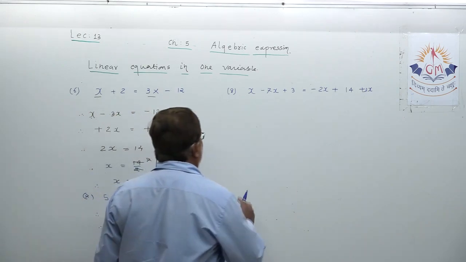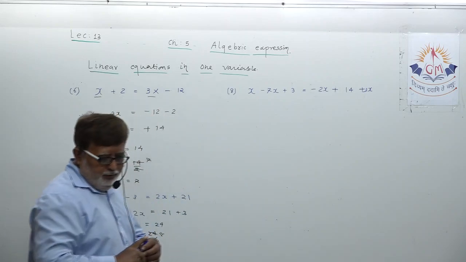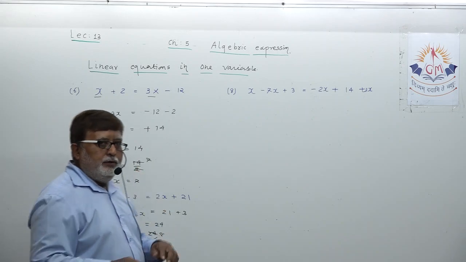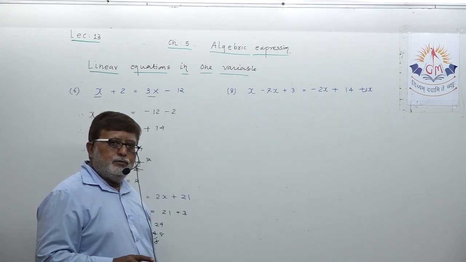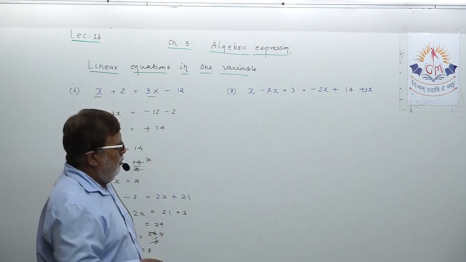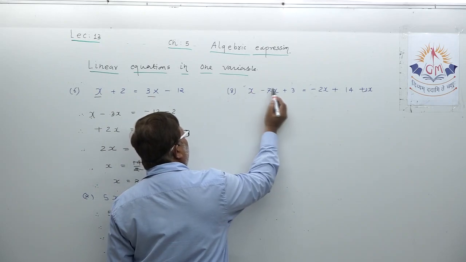How to solve this, dear student? First, you have to solve like terms on left side, like terms on right side. This is a pair of like terms.